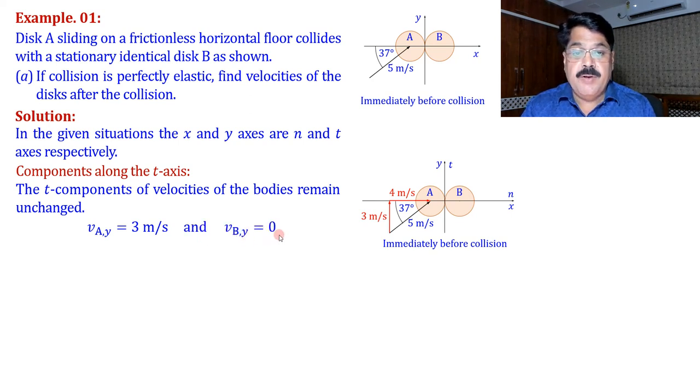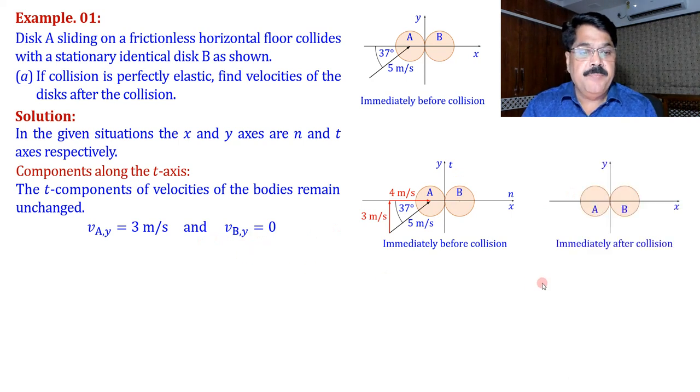VBY is 0, because before the collision there was no tangential component of velocity of disc B, so it will remain 0. Now we show them in this diagram. So that is 3 meters per second, the tangential component of velocity of disc A. The normal component is pending to be decided, and disc B has no tangential component.